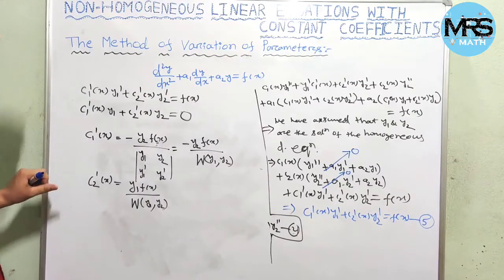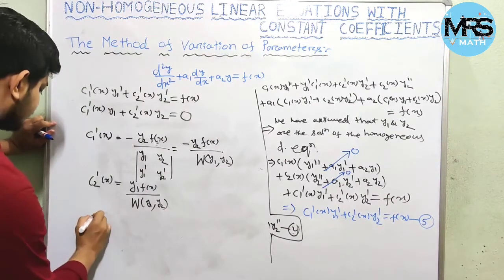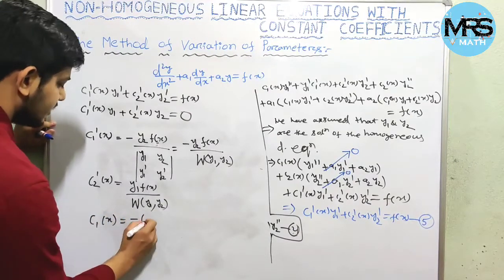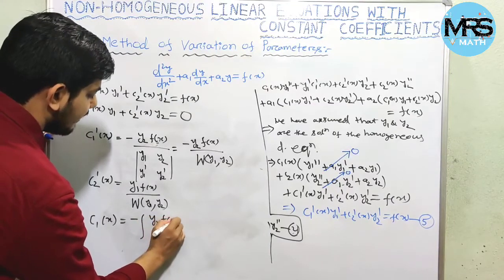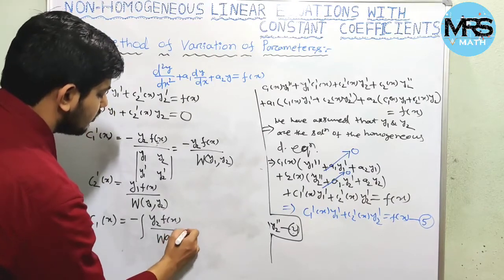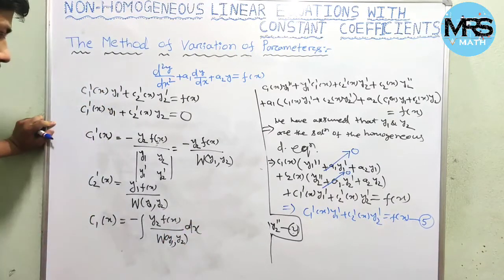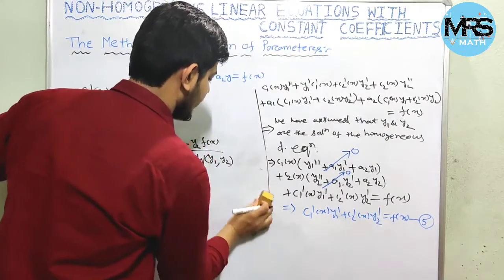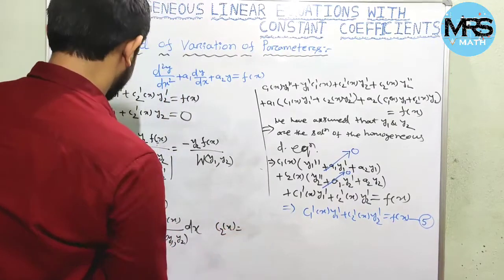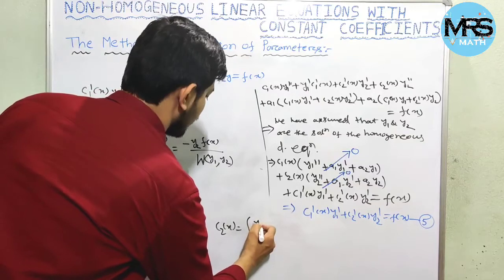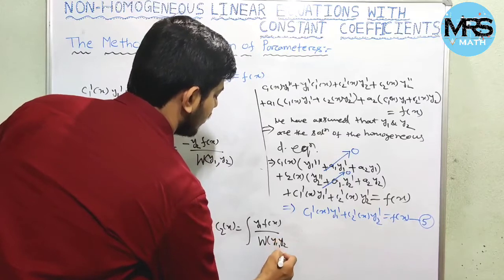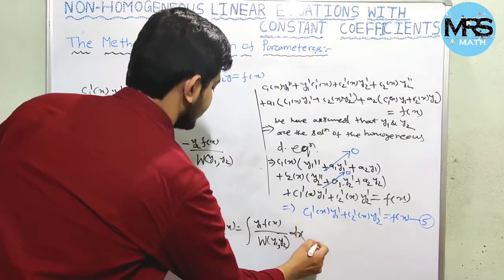So from here, how we will get c1 of x? By integrating, right? c1 of x will be minus integration of y2 f of x by Wronskian of y1 y2, dx, and c2 of x will be integration of y1 f of x divided by Wronskian of y1 y2, dx.